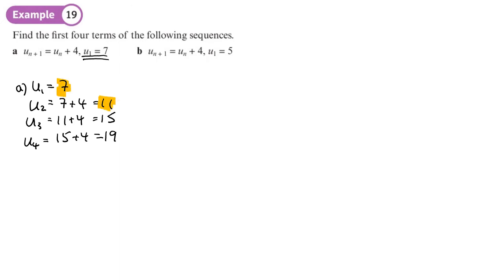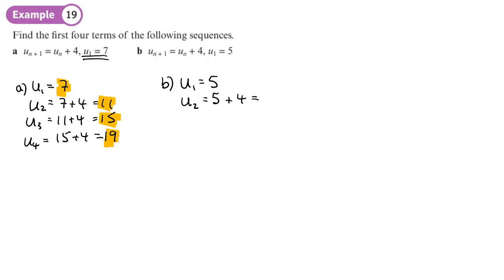Part B, slightly different rule, different starting number. So this time u1 is 5, and it's the same rule as the last one. It's taking the last number and adding 4 to it.